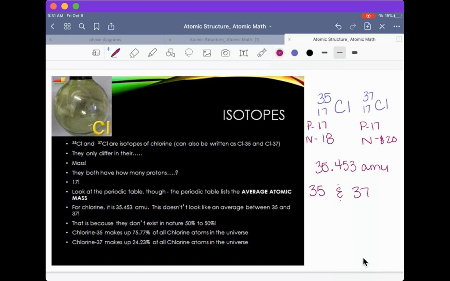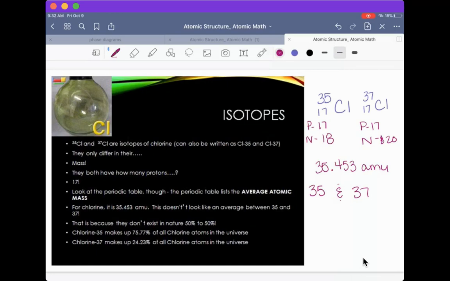Why? Because in nature, isotopes don't exist in a 50-50 fashion. The one that is the most stable is going to be found more often and in higher percentages. We call that percent abundance. So in order to calculate average atomic mass, we use the percent abundance.